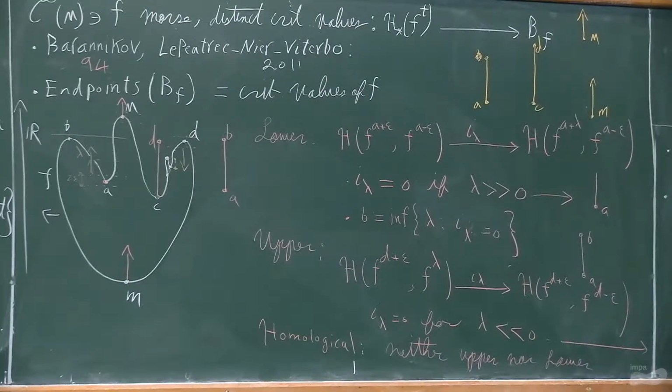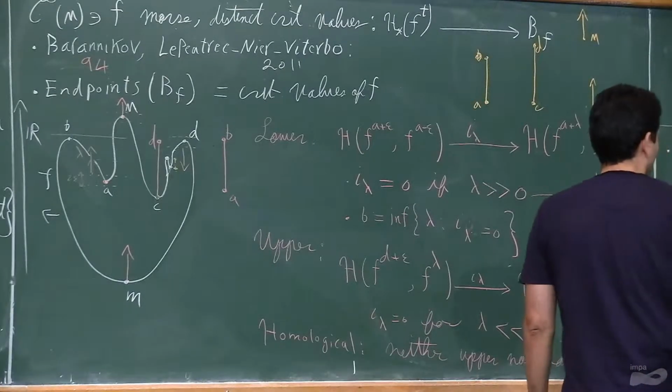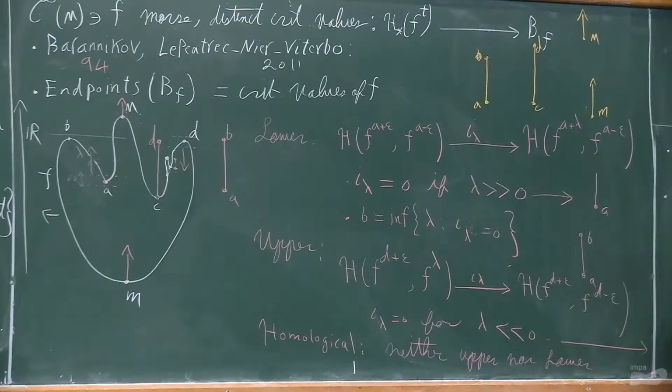Now this inequality is important to me because look at what I could do with it. This is where you see C0 stuff coming. Take your function that's C0, not even smooth, and I can define a barcode for it.